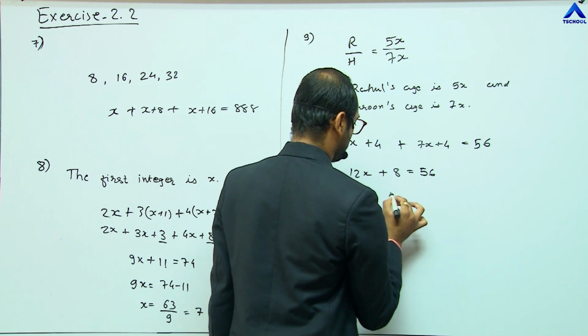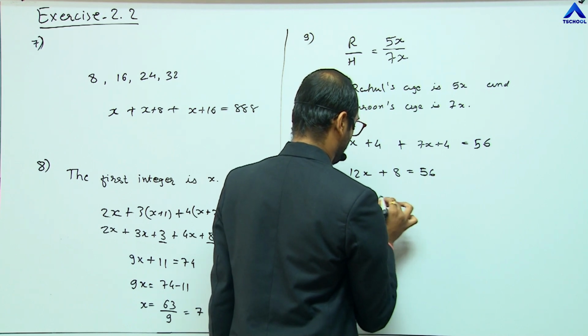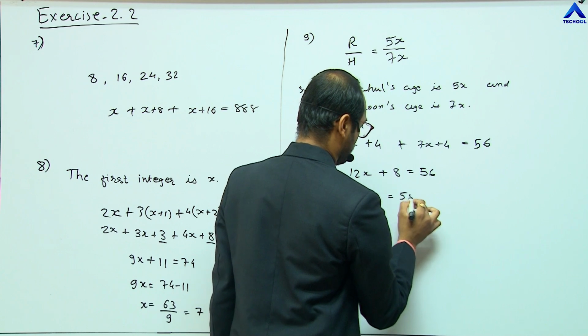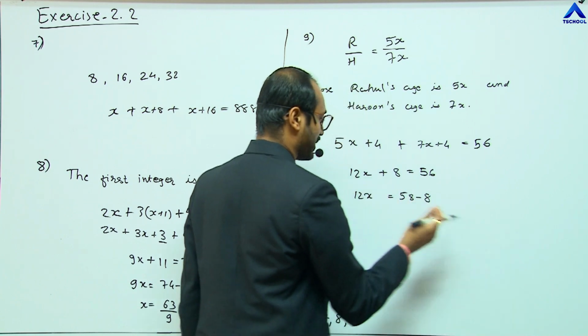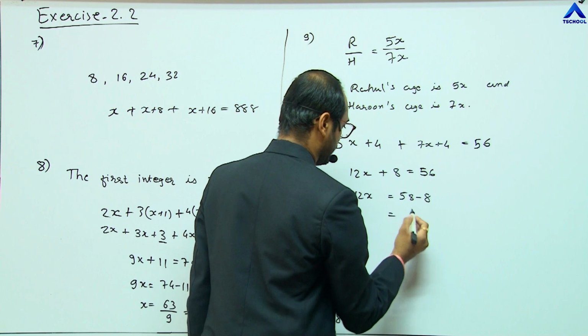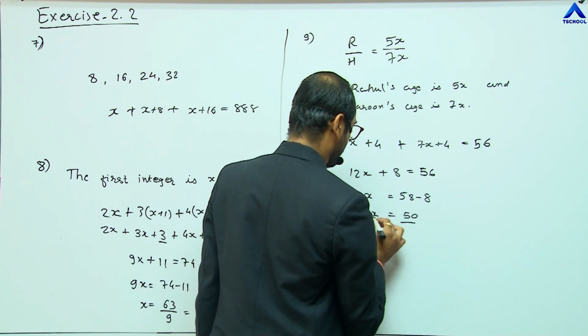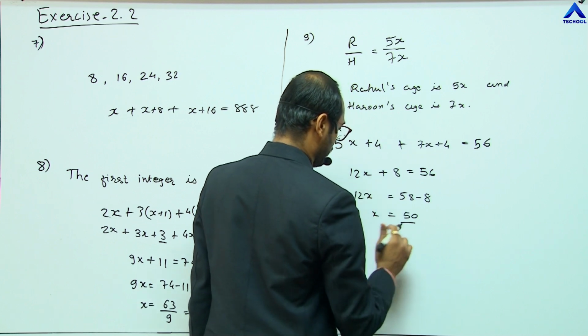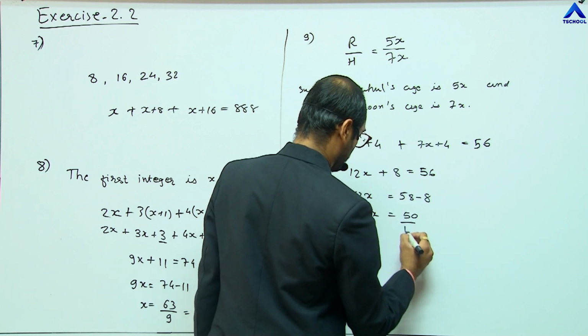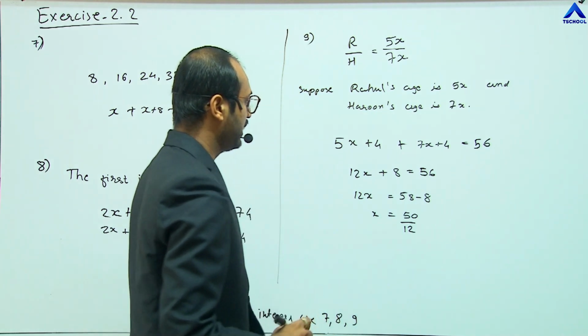So 12x equals 56 minus 8. We are subtracting 8 on both sides. 56 minus 8 is 48, divided by 12. So we get 12 in the denominator.